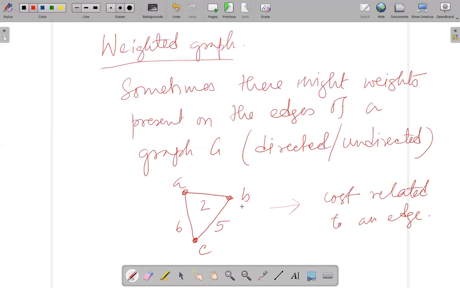Say for instance, on some scale, B and C are similar to the extent of 5, A and C are similar to the extent of 6, A and B are similar to the extent of 2. So there could be various different interpretations: cost, distance, similarity, etc. As we go on with more information about graph algorithms, this idea of weights will become more and more clear.